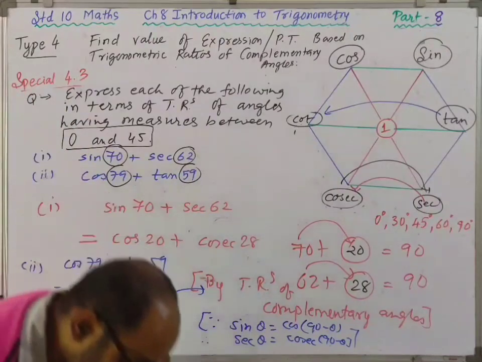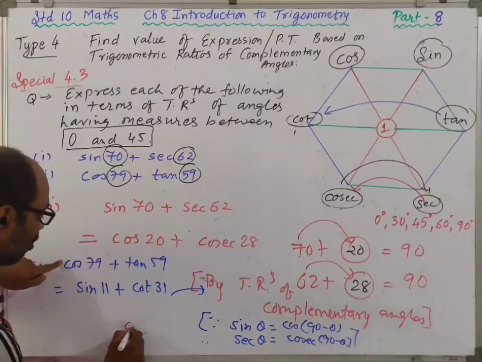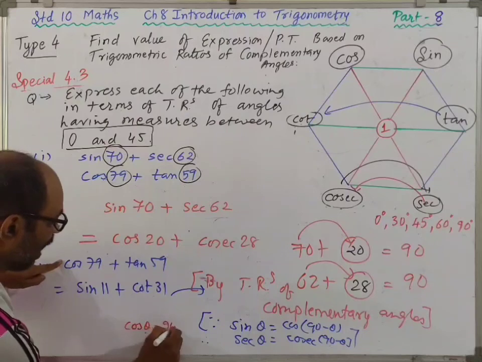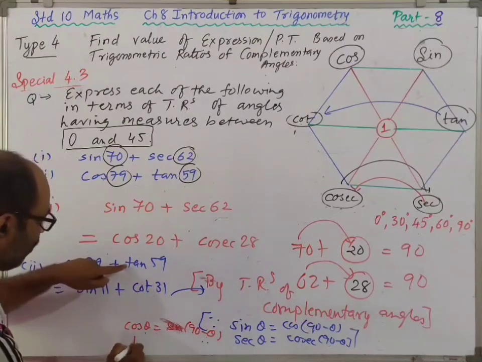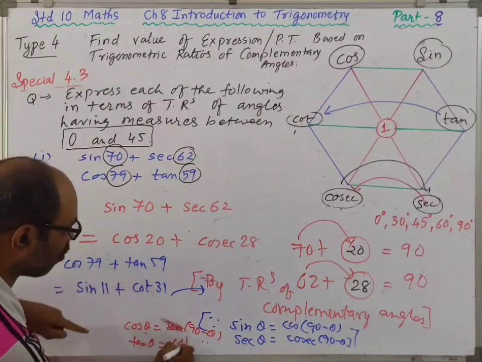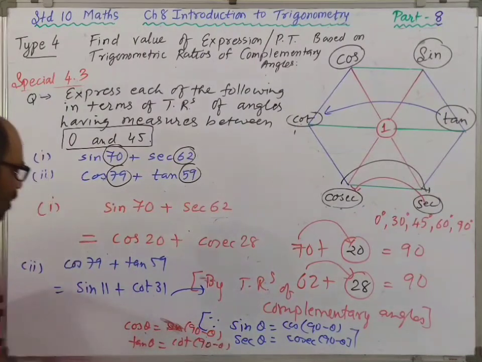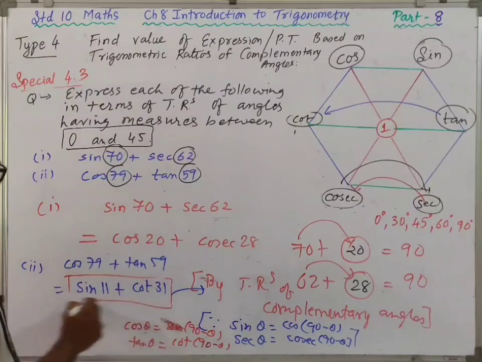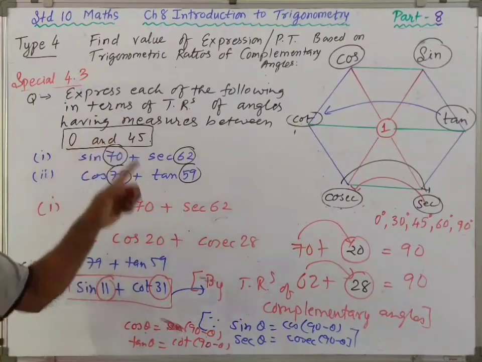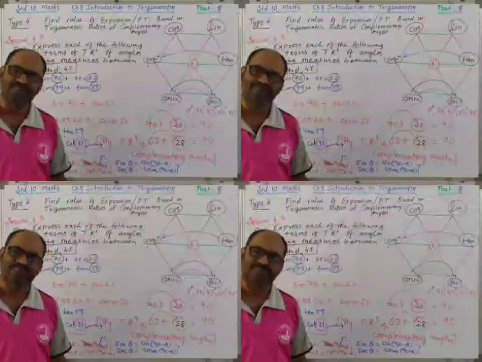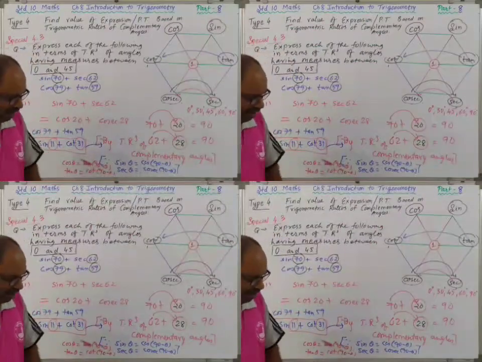Or you may write, ये आपने क्या कन्वर्ट किया, cos theta is equal to sine of 90 minus theta. दूसरा आपने कन्वर्ट किया tan theta is equal to cot of 90 minus theta. Finished. आपको नया एक्सप्रेशन मिल गया, उसमें एंगल्स 11 और 31 है which lies between 0 and 45. Clear to you? All right.